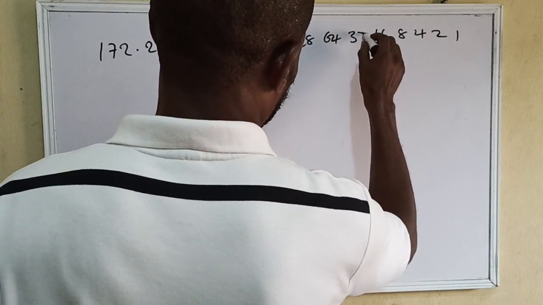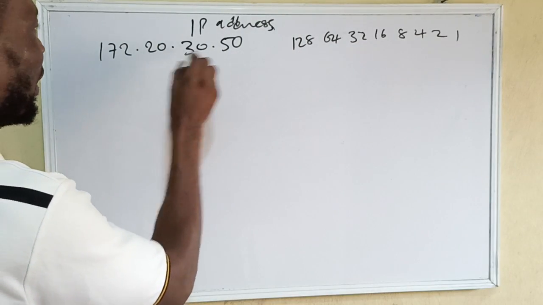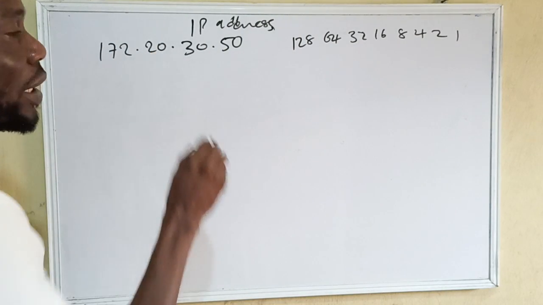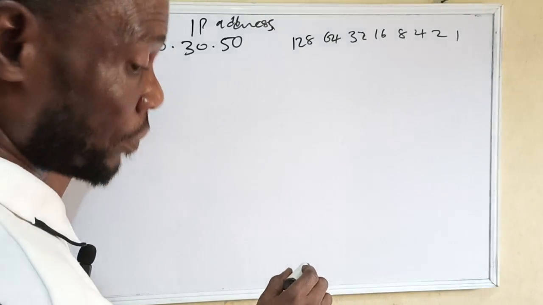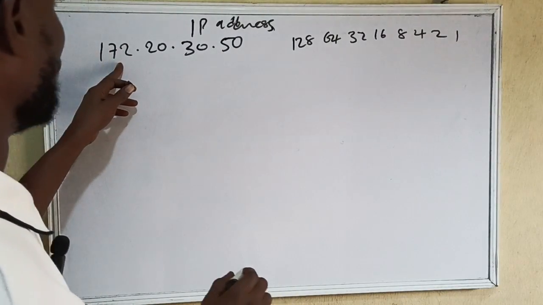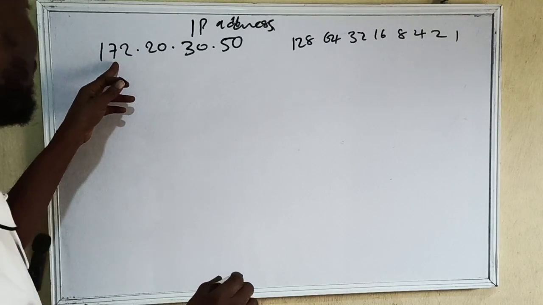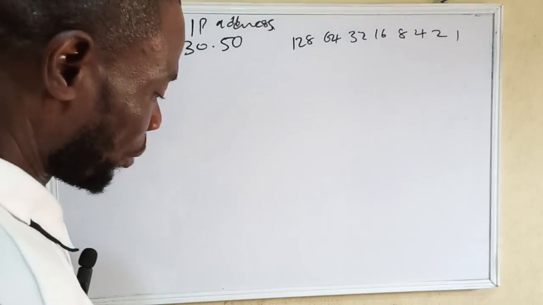You can see that this group of 8 numbers represents each of these octets. This is an octet, this is an octet. So let's say I want to convert this number here. You can see 172 minus 128.